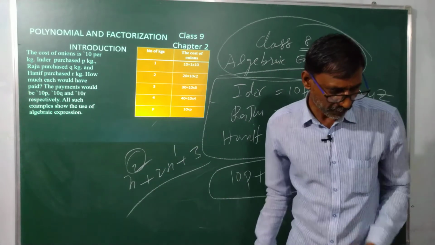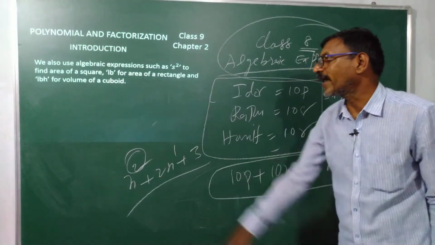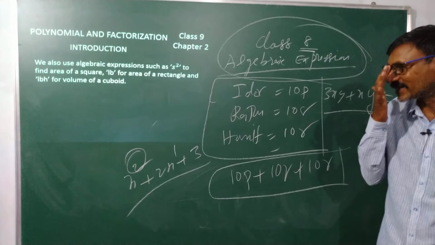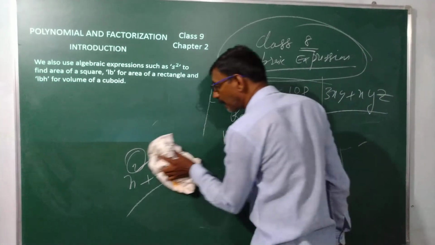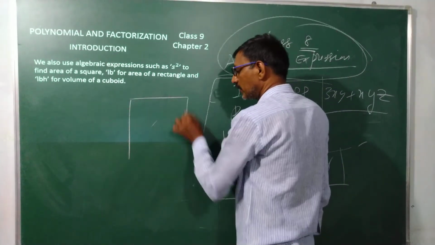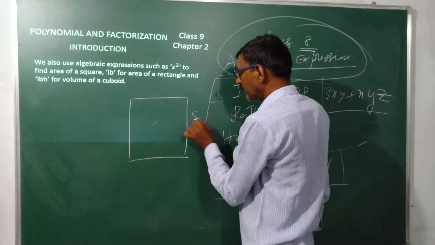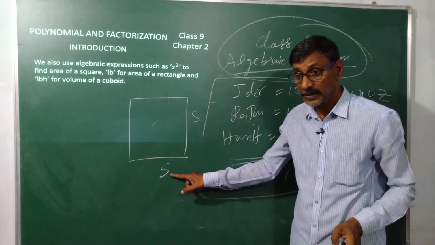See, for example, in the next slide, we can also express s square. This is also very, very important. s square, area of a square. This is my square. This is side s and s. s means, don't forget, s means some units.